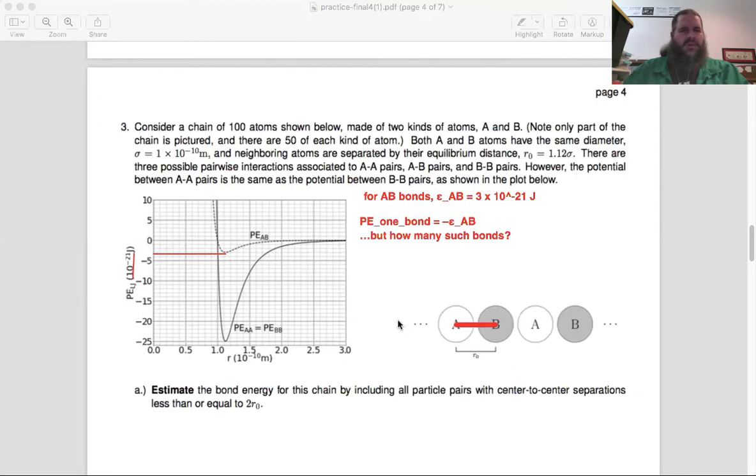Would that work? Let's try that on this smaller cluster. We've got 4 atoms. How many bonds do we have? Is that 3? Yeah, it looks like we've got 3 AB bonds. So 4 atoms would lead to 3 AB bonds.